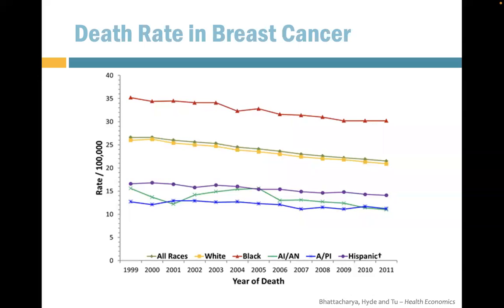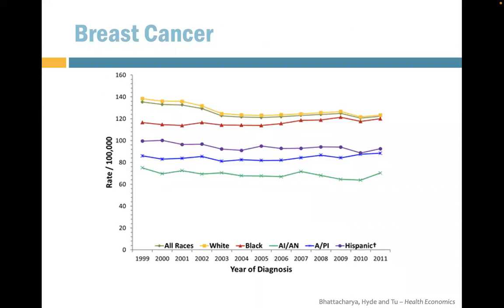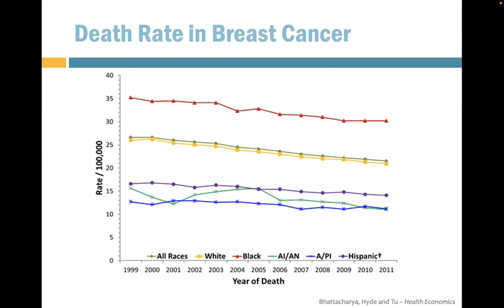This next graph is death rates in breast cancer. Remember in the previous graph, whites had the highest rates of breast cancer. The yellow one is the highest, but here whites are not the ones with the highest death rate. Black women are the race with the highest death rates in breast cancer.